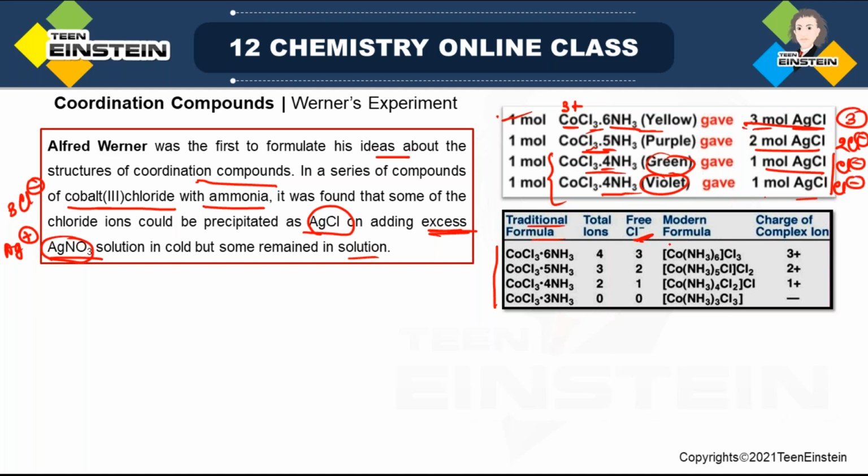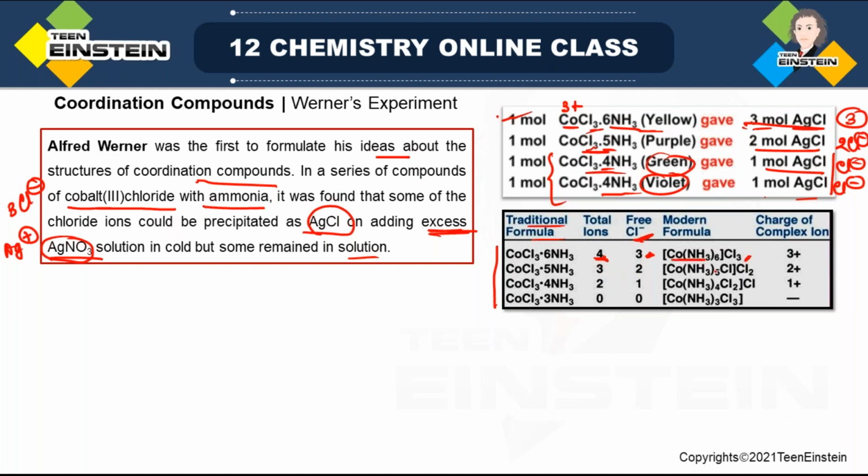That means when the formula is like this, with 3 Cl minus outside the third bracket, you are getting 3 chloride, and that means free Cl minus is 3. Now the total number of ions, mentioned in the second column, is 4. Why is it so?